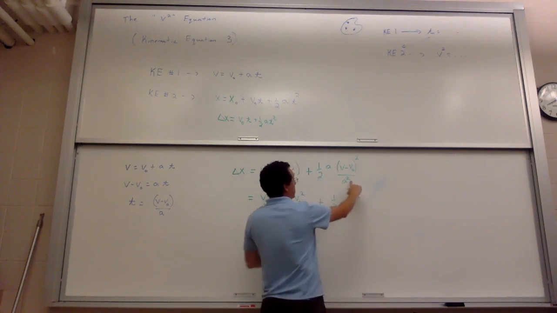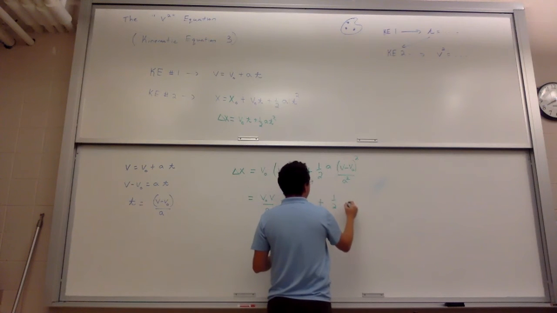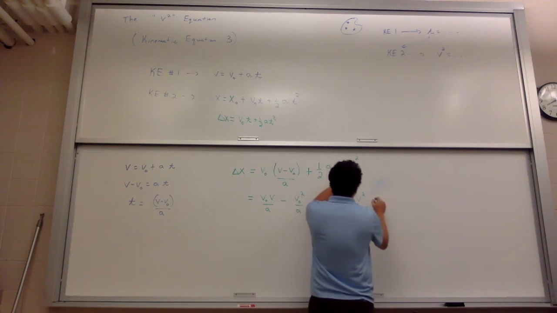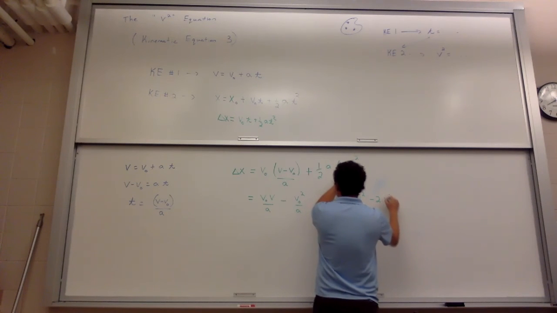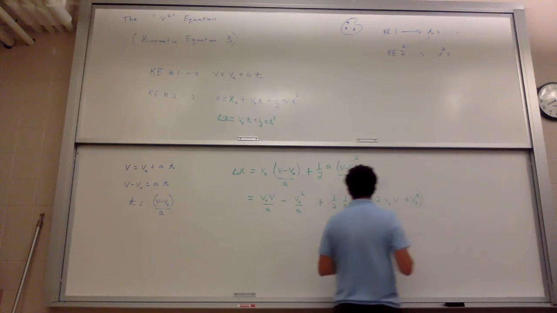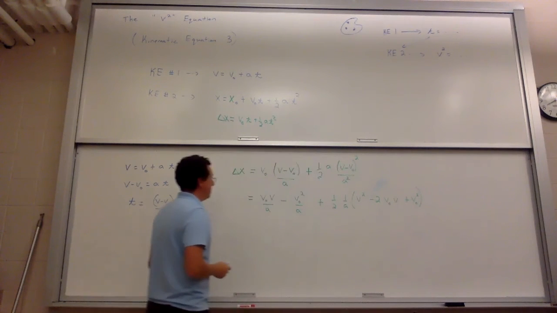This acceleration cancels with one of these, so I get 1 over A. And then I have to expand this part. So that becomes V squared minus 2V initial V from the cross term plus V initial squared. That's still not pretty.